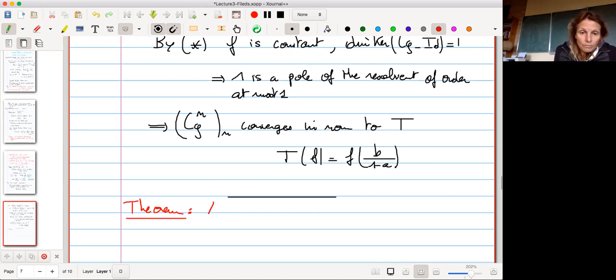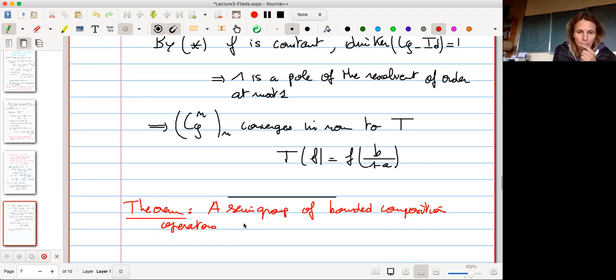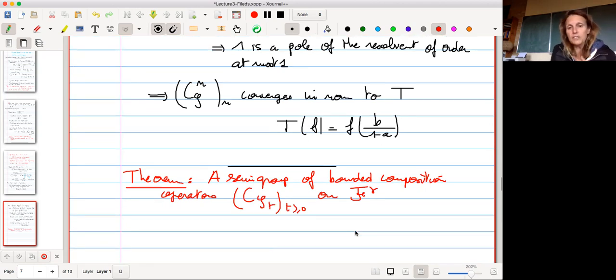In fact, a semigroup of bounded composition operators on Fock spaces satisfies one of the following conditions.